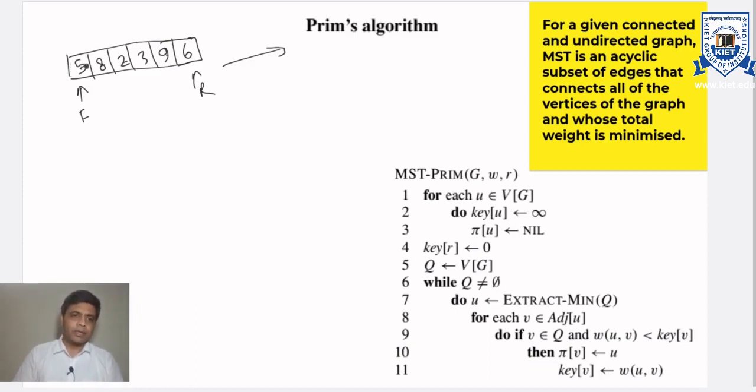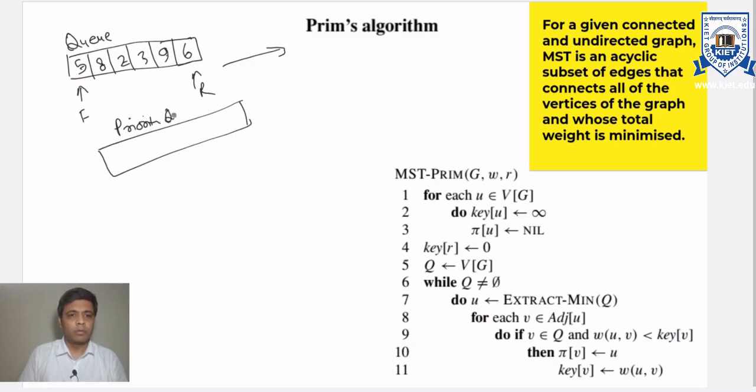So if we consider the value itself as the priority, and we say that if the value is minimum, that means the highest priority. Well, in that case, how does it work? So this is the simple queue, and in the priority queue, suppose 5 comes first, 5 would be placed here, front and rear would be here.